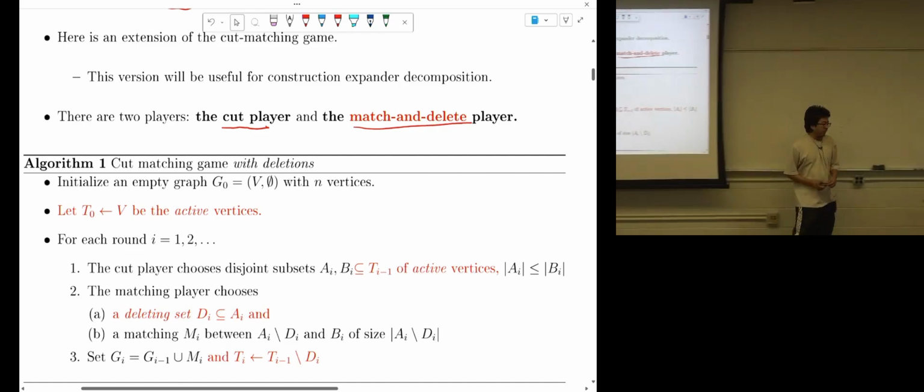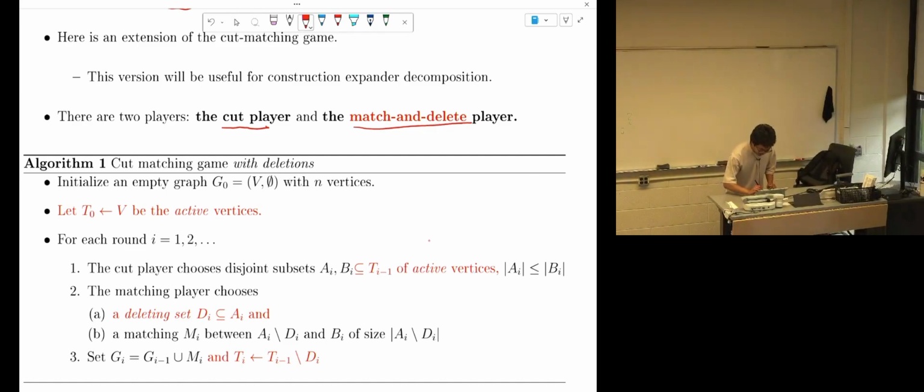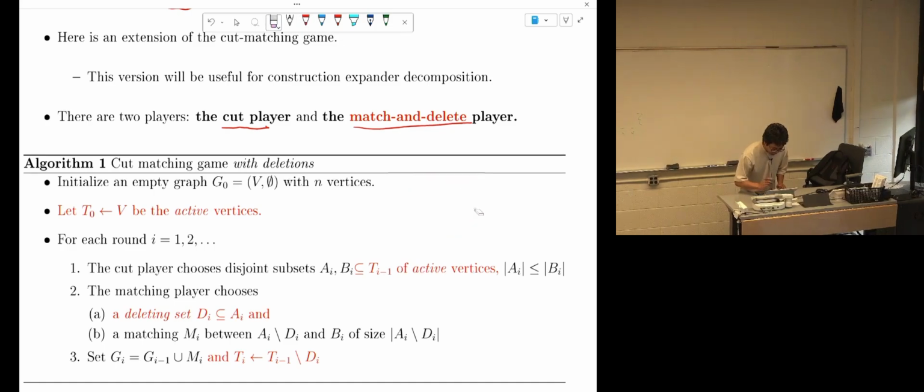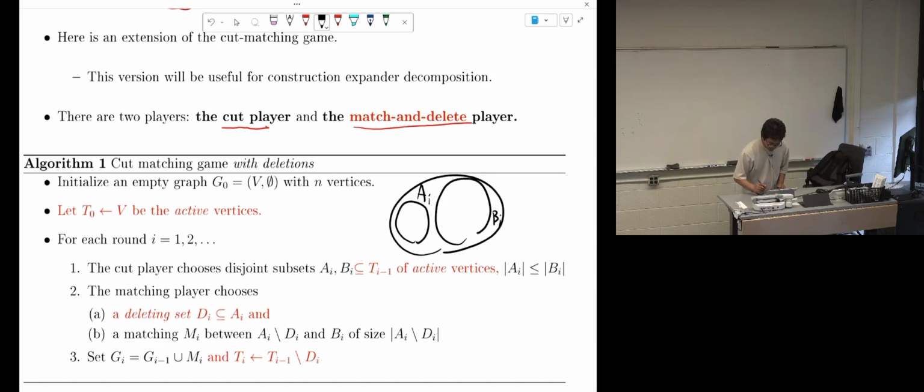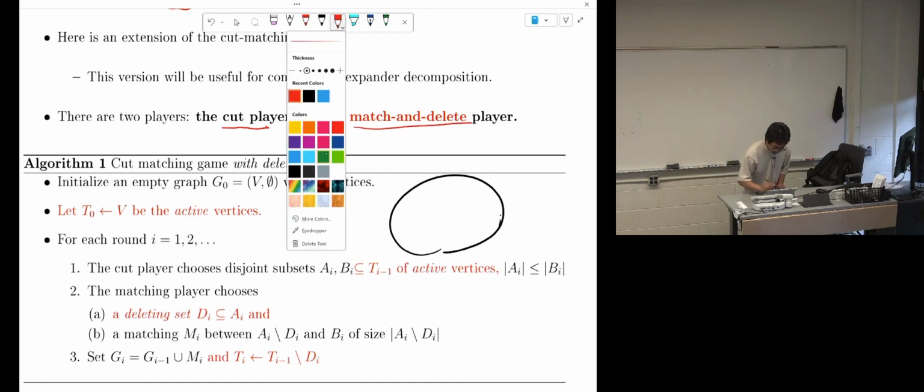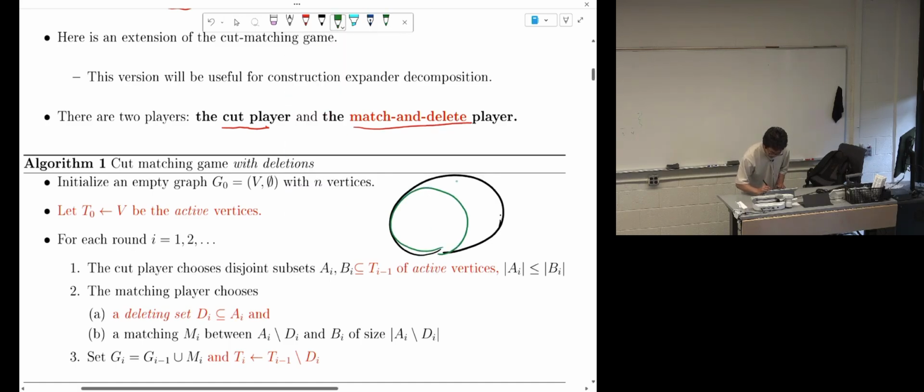Okay, so let's draw something. You start with a graph, then you have A_i, B_i, which is bigger. Let's say that only this part is active right now, and we choose A_i and B_i from it.